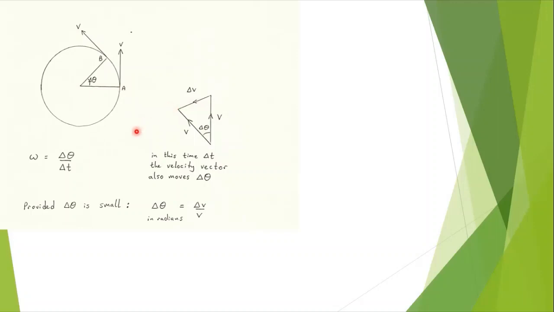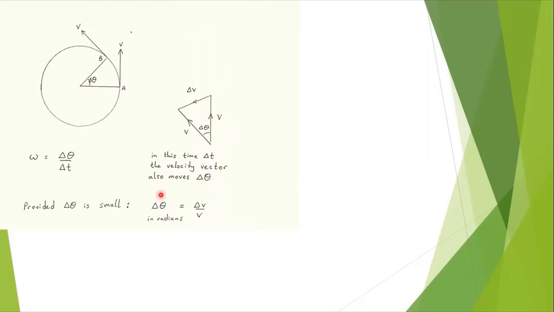Now, omega would equal some angle that's moved through, delta theta, in a time delta t. So in this time delta t, the velocity vector also moves through delta theta.